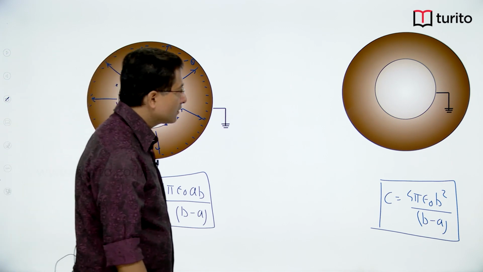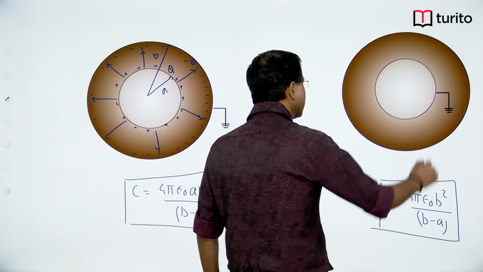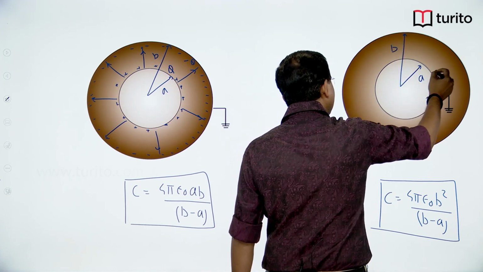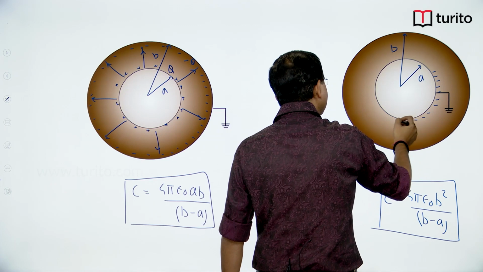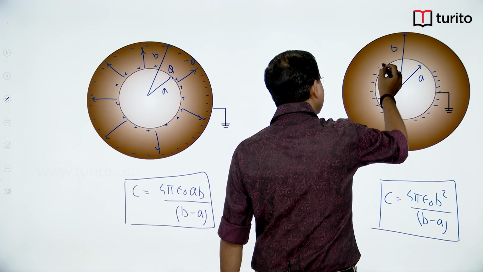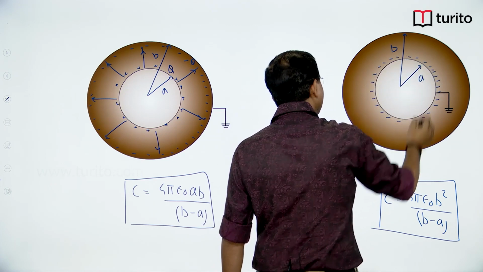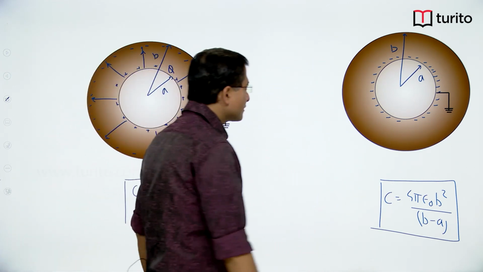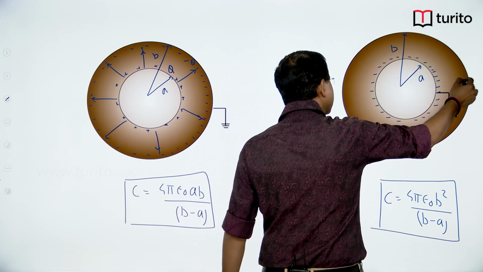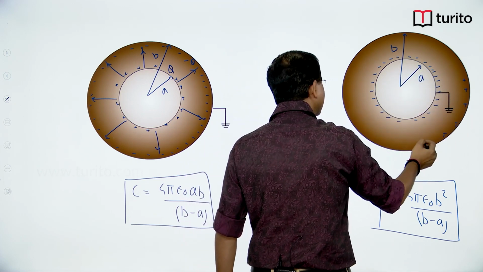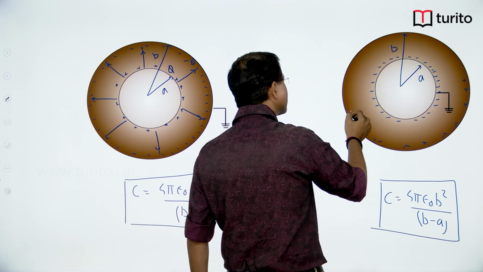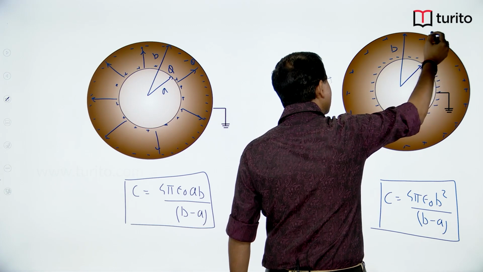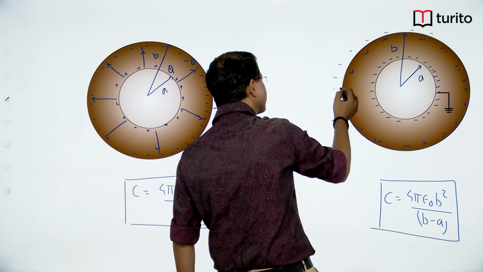While in this situation, if you remember, this was A, this was B, and earth gave the negative charge to this one, that was Q times B by A, and then the same amount of positive charge appears here, and as it was isolated, the outer surface will have negative charge like this.